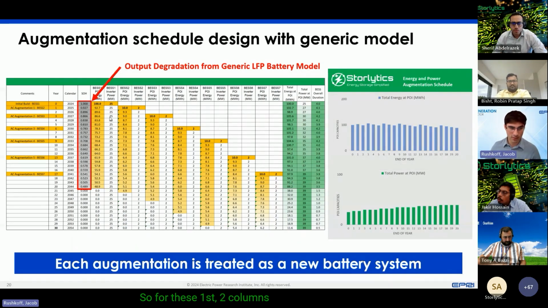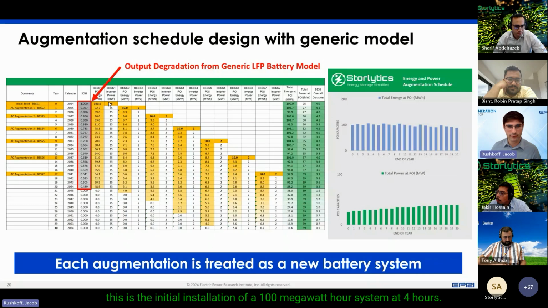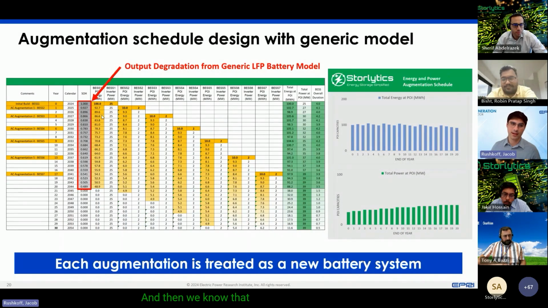For these first two columns, BESS 1 is the initial installation of a 100 megawatt hour system at 4 hours, so you can see the 25 megawatts. In this case, we're trying to make sure we're staying above 90 megawatt hours. And so in year one, we enact an augmentation step, adding an additional 10 megawatt hours.